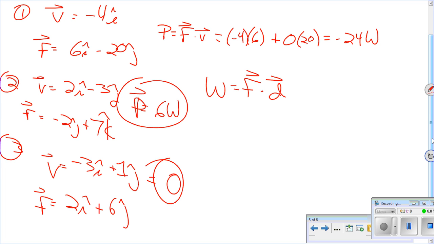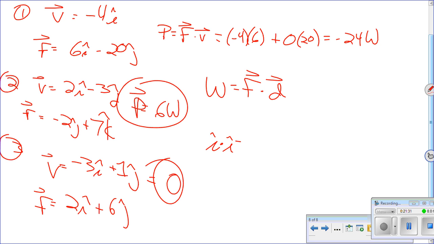When you do the dot product, you get negative 6 plus 6. Isn't it I and J? I don't understand why you add. So that has to do with the definition of dot product. So I dot I: what's the magnitude of the unit vector I? 1, right?